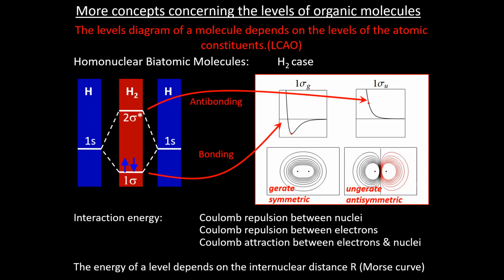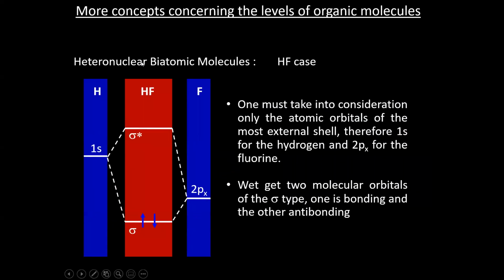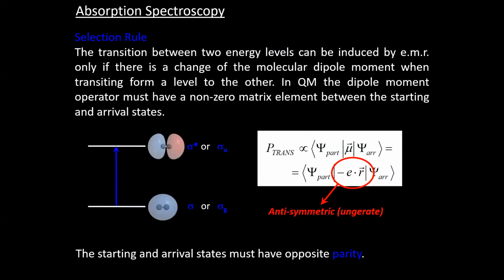Clearly this is a very simple molecule, but in general, if you have two states, and one is gerade, symmetric, and the next is ungerade, you ask yourself, may light interacting with the molecule promote one electron from here to here?